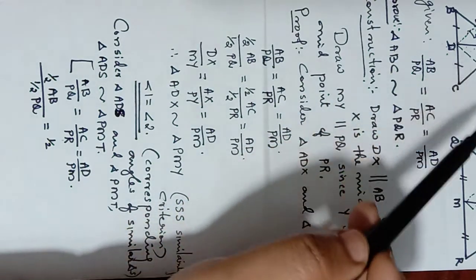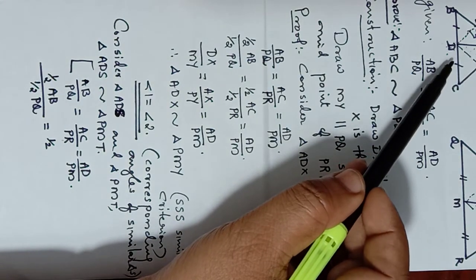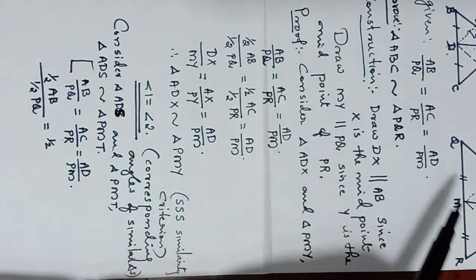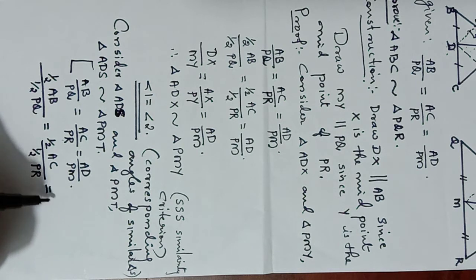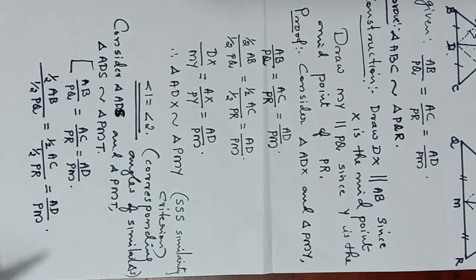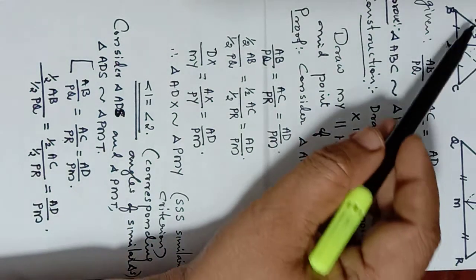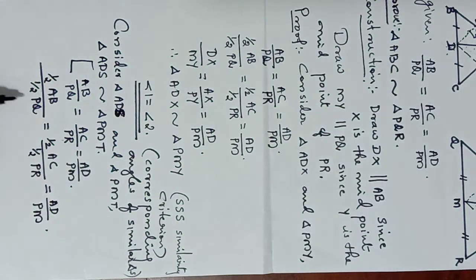AC by PR is also there. Half of AC by half of PR, that is equal to AD by PM. So half of AB I have to consider that as AS by PT. When you go through you will understand.